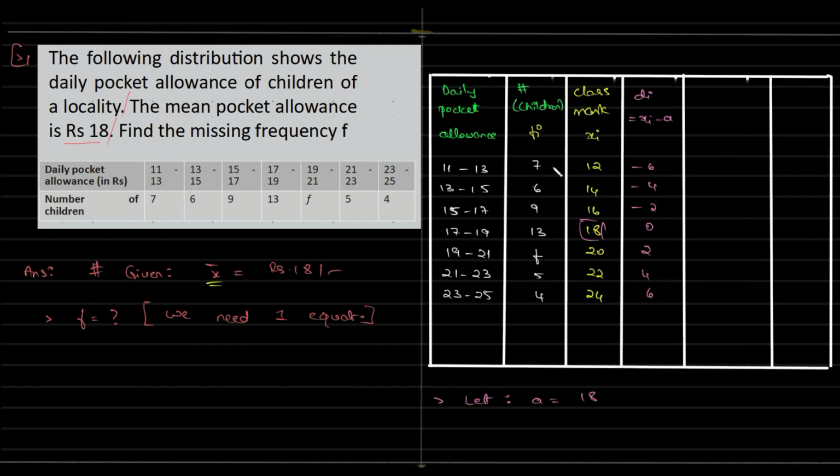Okay. Should we do one more step, should we find ui? Not required. These are easy numbers, right? So the next step is fi into di. Keep a pencil in between so that there's no confusion. So we have minus 42, minus 24, minus 18. This is 0. Here is where we have to be careful. 2f.